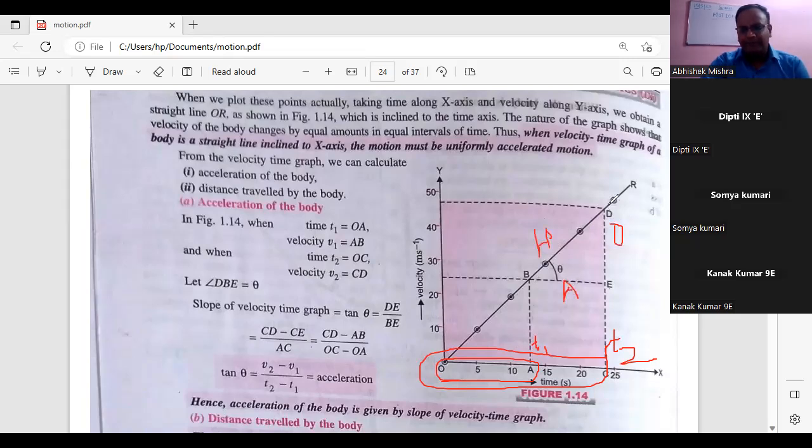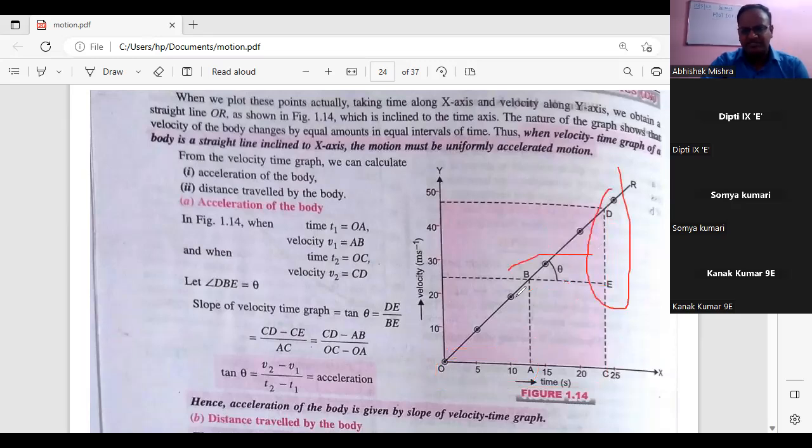We get the slope of the graph with the formula DE by BE. DE is the perpendicular and BE is the base. If we know the value of DE divided by BE, then we get the slope, and the slope of the graph gives us the value of the acceleration.